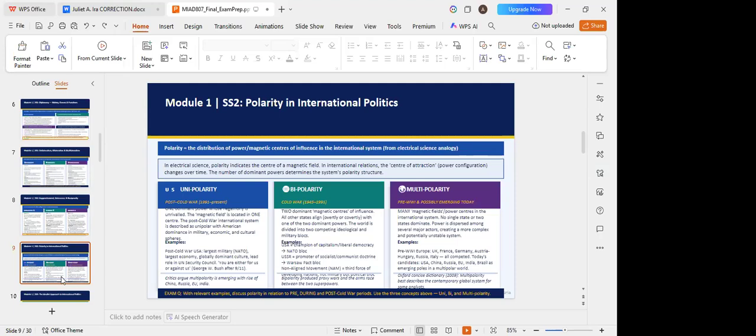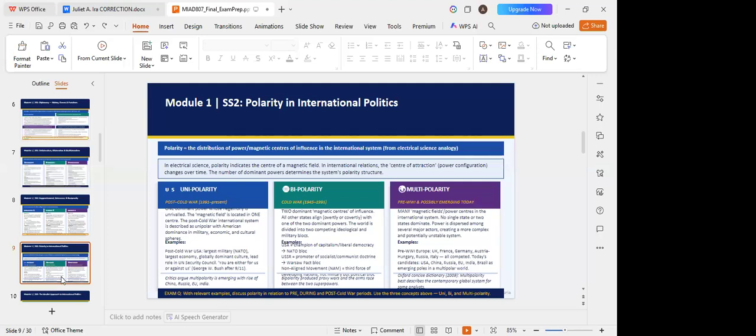Look at today's world, we have a multipolar system. USA has power. China has power. Russia has power. UK, France, they have power. Many countries have power. Some countries have economic power, some have military power, some have all.